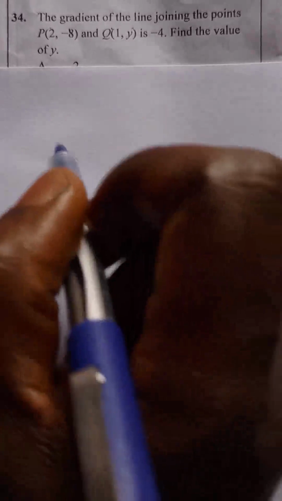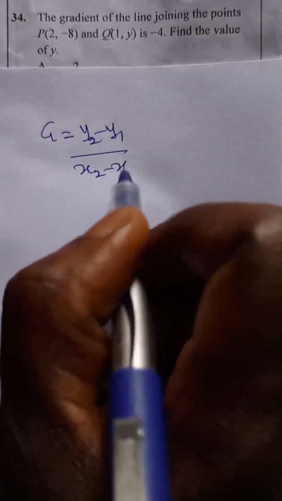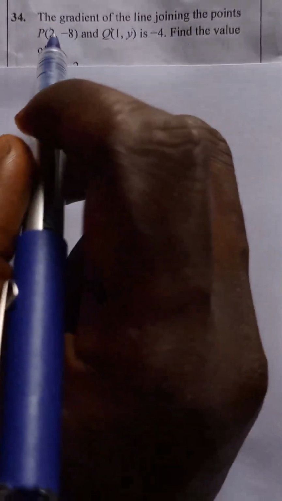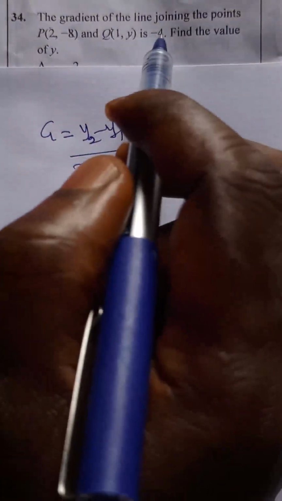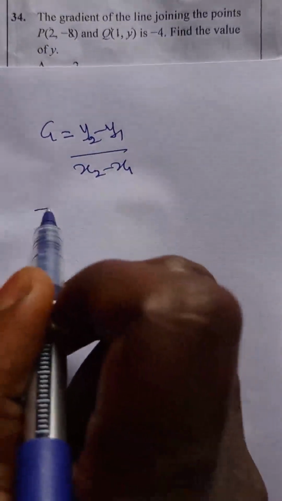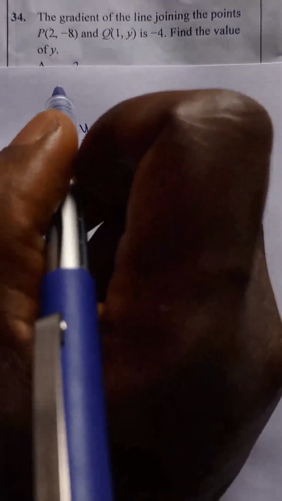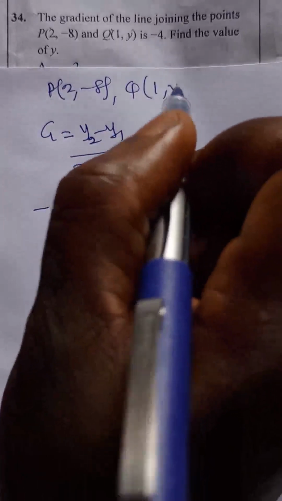Remember that the gradient is equal to y2 minus y1 over x2 minus x1. And here you see that this is our x1, y1, x2, y2, and you are given the gradient to be equal to minus 4. Just substitute. We are going to have minus 4 is equal to, let's write it out, line P is 2, minus 8, and Q is 1, comma y.